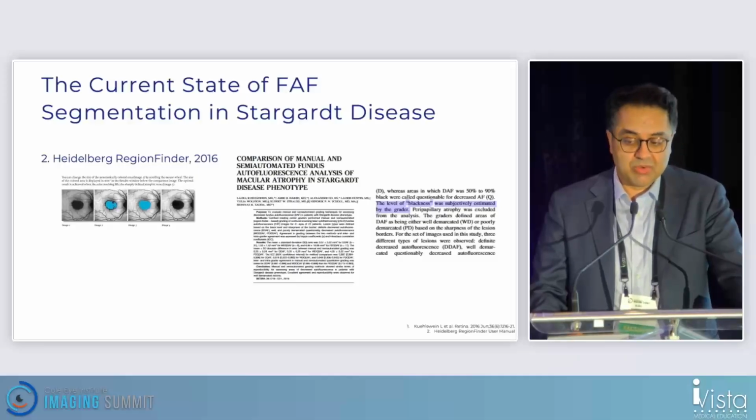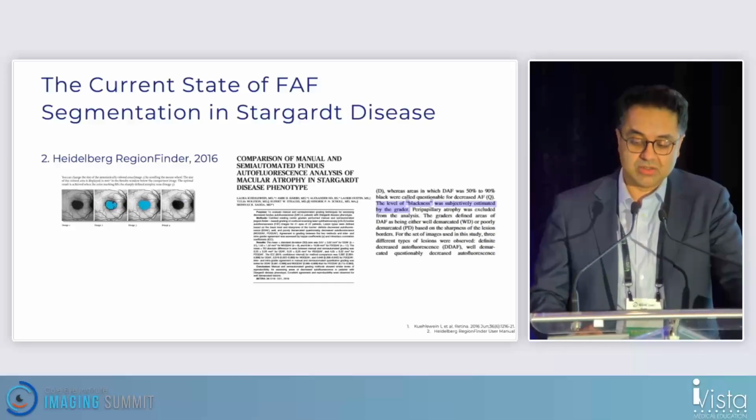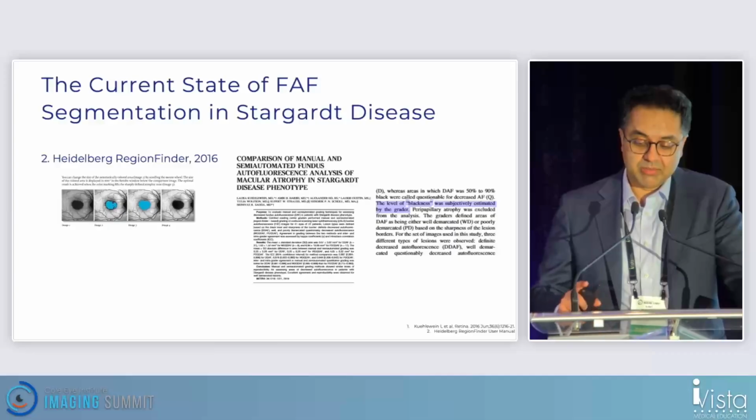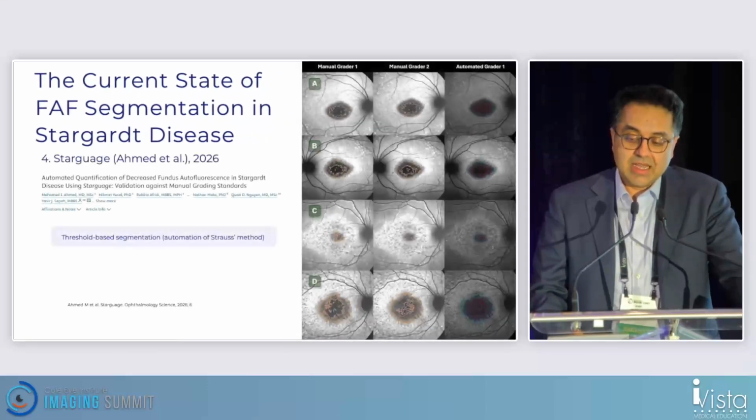There's also the Heidelberg Region Finder, a tool released in 2016, which looks at adjacent areas of dark in the image, and the grader can then adjust the area by scrolling up and down on the wheel to define how much of the area is marked as hypoautofluorescence. Another tool, shown earlier this year, is StarGauge.